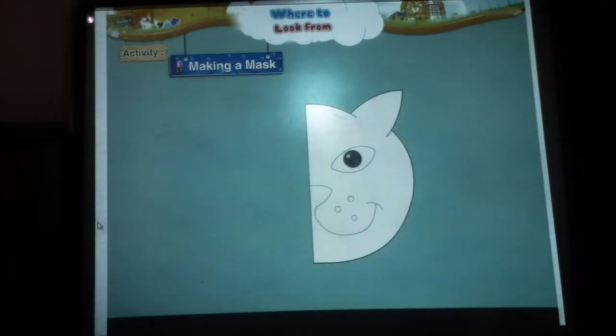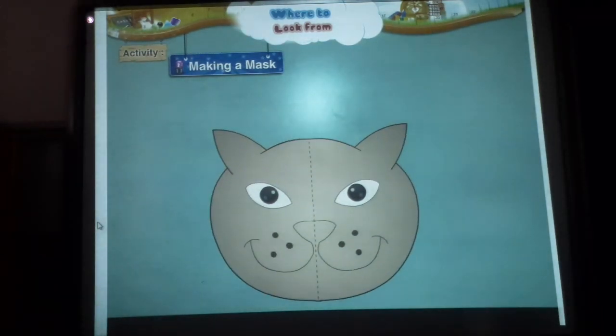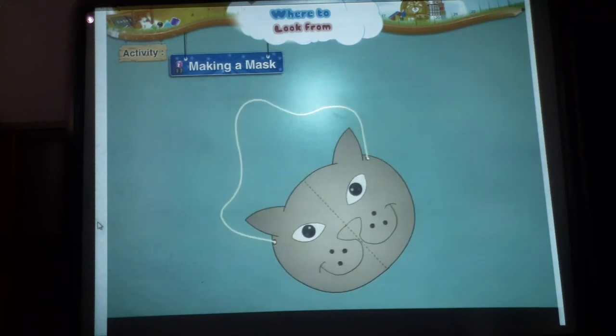Now open the fold and draw eyes, nose, etc. in the figure. Color the picture and tie a rubber band at the back side. Your mask is ready.